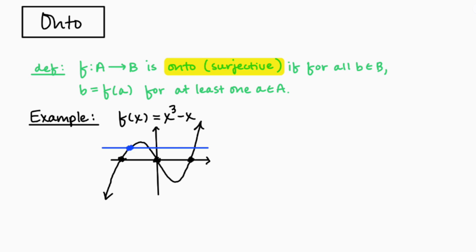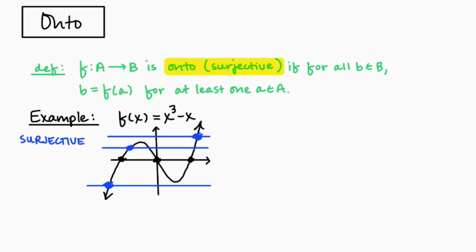If I go up, I'm going to hit some graph, and if I go down, I'm going to hit graph, because the arrows are pointing in opposite directions. So this graph is surjective. It covers the whole real numbers. There's no real number where we're not going to be able to find at least one piece of graph. And so it is the case that all odd degree polynomials are surjective onto the real numbers.